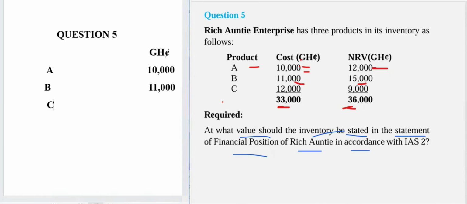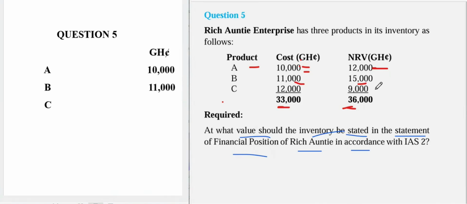Then we go to the next item, product C. What is the cost of product C? The cost is 12,000. NRV is 9,000. That's the net realizable value.